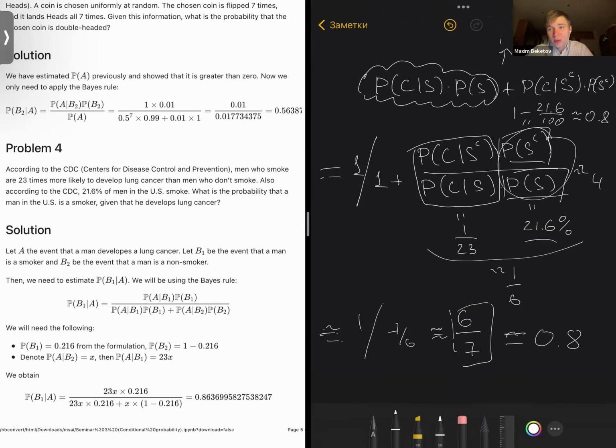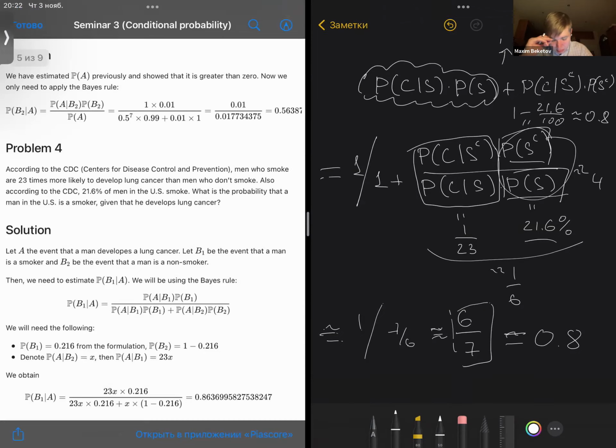It only tells you the likelihood of that, right? So it tells you that if a person unfortunately had lung cancer, it was quite likely that he was a smoker, right? So things are this way, given this statistics, given this data.